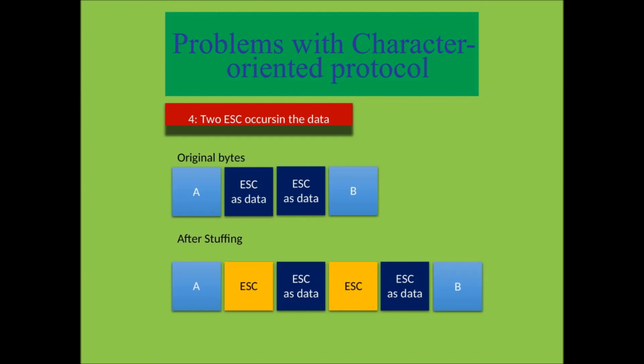So we will insert again a byte for differentiation. After stuffing you can see another scenario: two original bytes A and B, and escape as data, which was previously inserted. Now we insert another escape, which is a single special byte for differentiation. In this way we can differentiate among data, flag and escape byte.